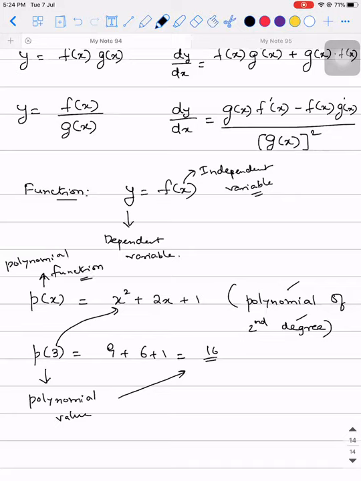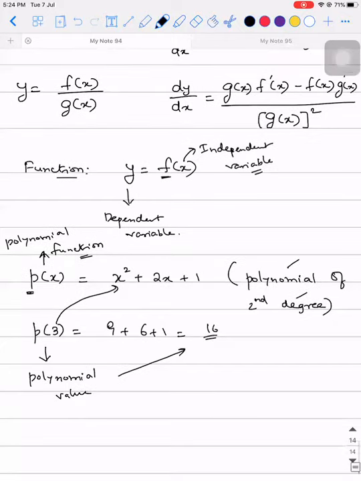Is it not similar? Instead of f, you have p. Generally, p stands for polynomial. P of x means there is some polynomial in terms of a variable x.